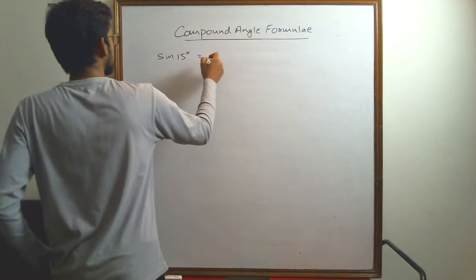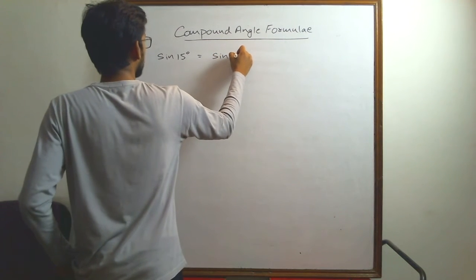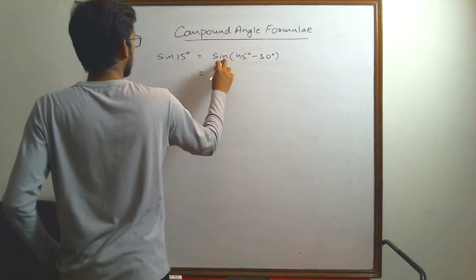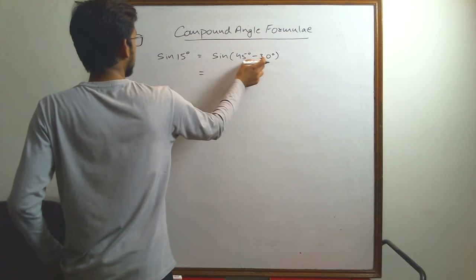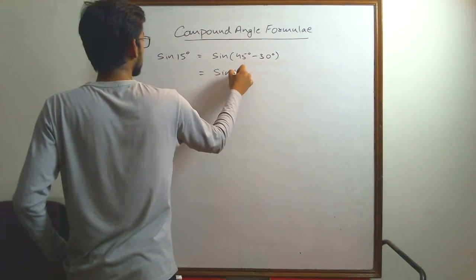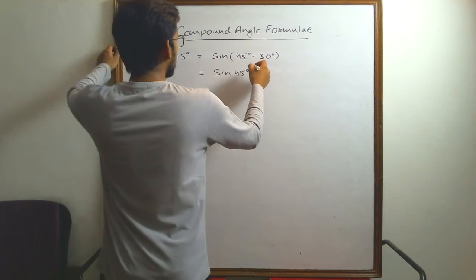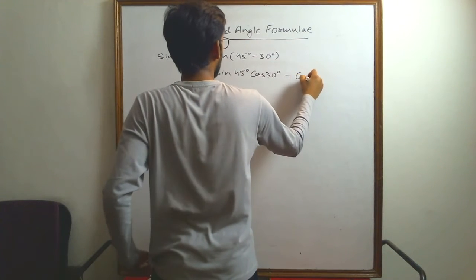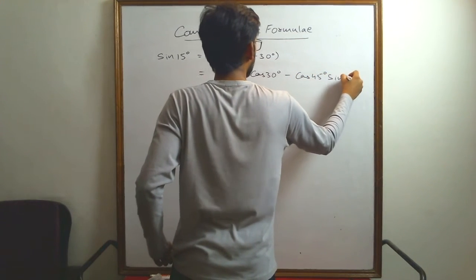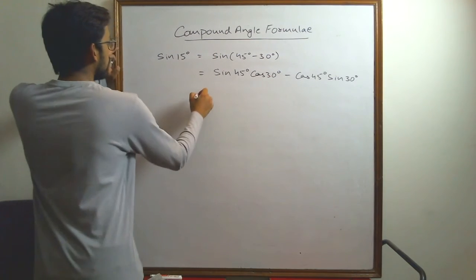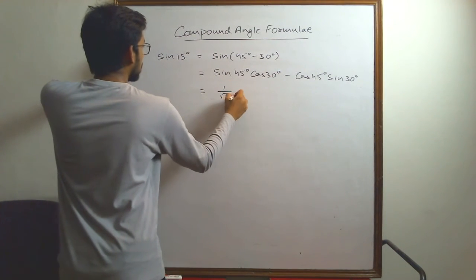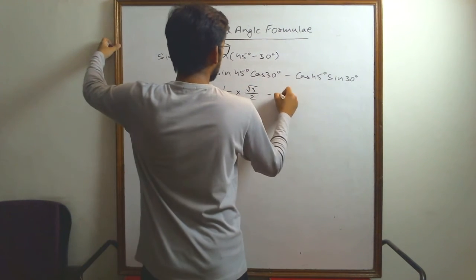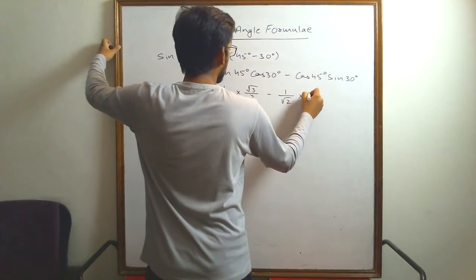So sine 15 degrees can be written as sine of 45 minus 30 degree, which is equal to, now apply the compound angle formula of sine A minus B, which is sine A, that is sine 45 degree, into cos B, so cos 30 degree, minus cos A into sine B. Sine 45 degree is 1 upon root 2, cos 30 degree is root 3 by 2, minus cos 45 is 1 upon root 2 and sine 30 degree is 1 upon 2.